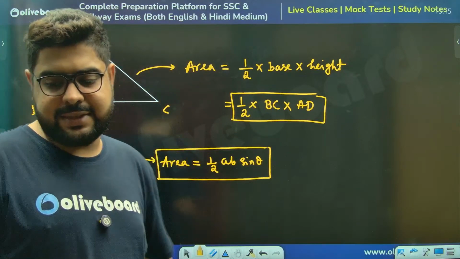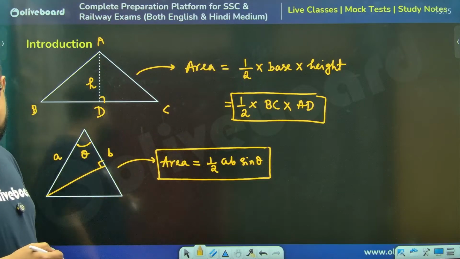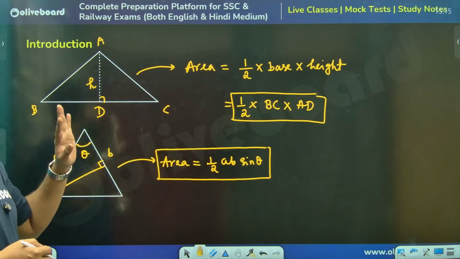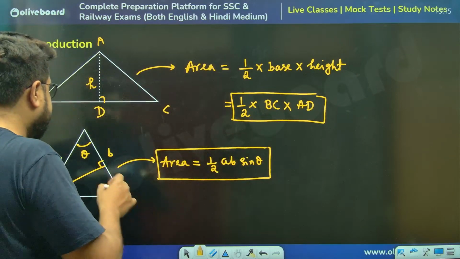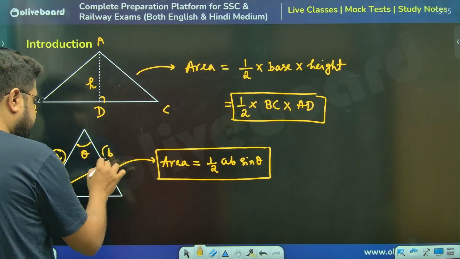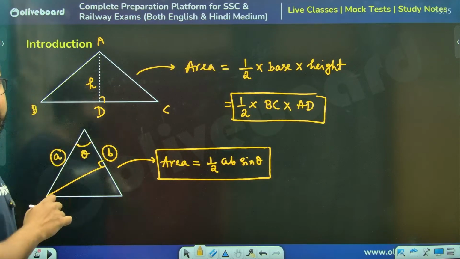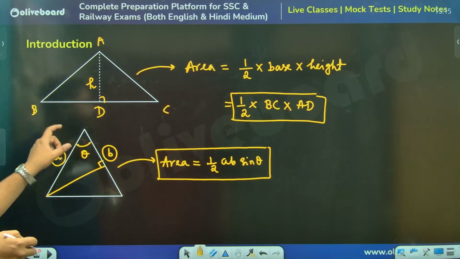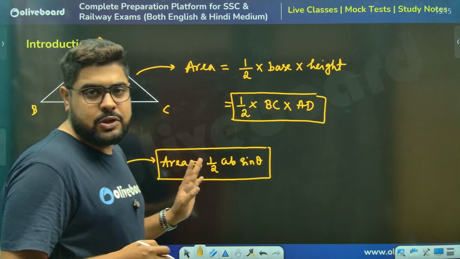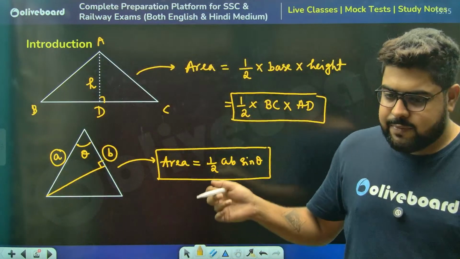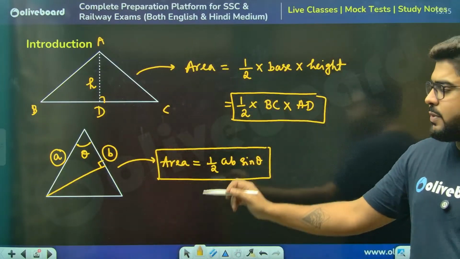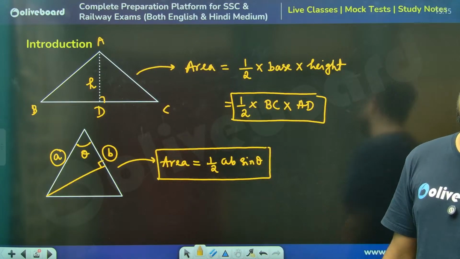This is not so common a formula, so if you don't know this, please remember it. Here A and B are two sides, and theta is the included angle between A and B. So if you know the included angle, the area of the whole triangle will be half AB sine theta.